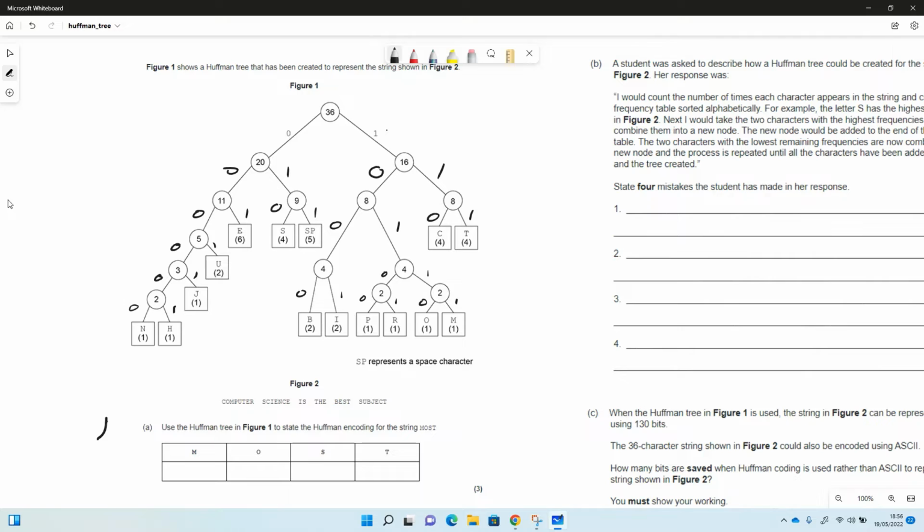And then the first question down here is use the Huffman tree in figure 1 to state the Huffman encoding for the string most. So we need to find M. M is here, so we've got 1, 0, 1, 1, 1.